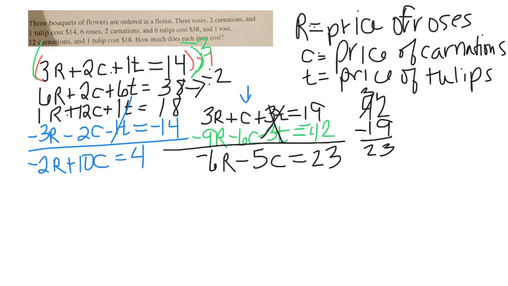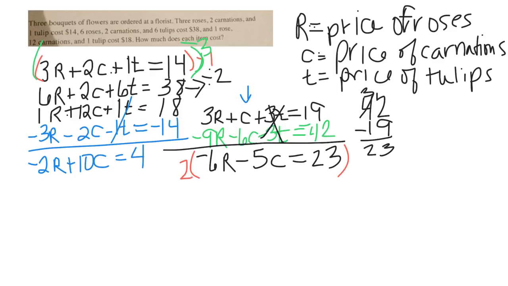And there's no shame in going off to the side and doing the math correctly and making sure you get the right answer. All right, so now I have negative 2r and 10c, and I have a 5c here, so I can just multiply this equation by a 2.